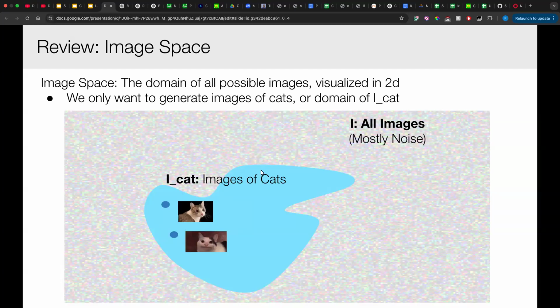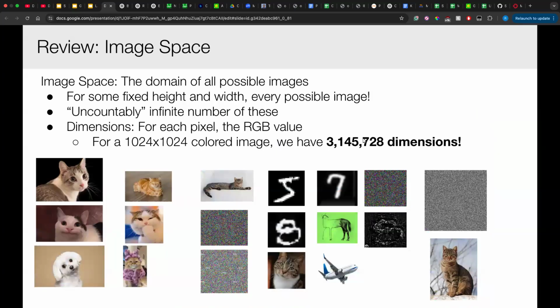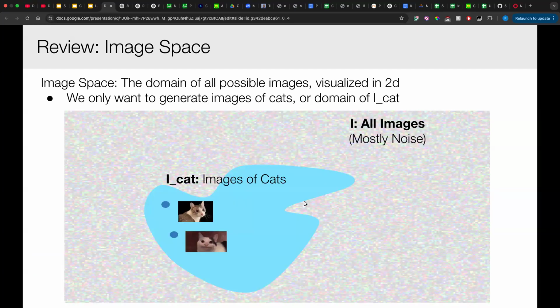When it comes to generative modeling, we want our model to generate some subspace of image space. In this case, we're really working over 3 million dimensions, so this is just a very crude 2D representation of this very high dimensional space. As a humorous example, if we carved out the set of images that we want, in this case we want our generator to only generate images of cats.